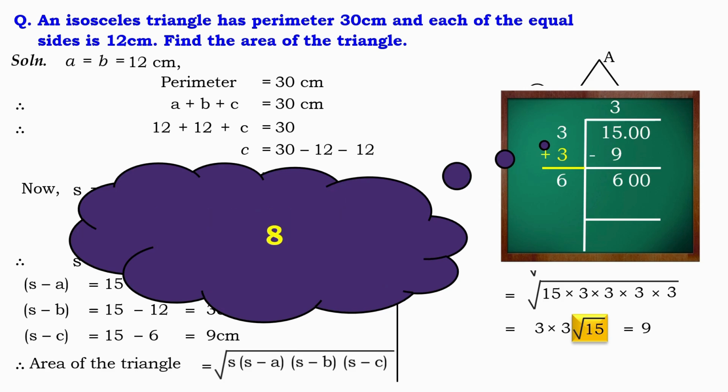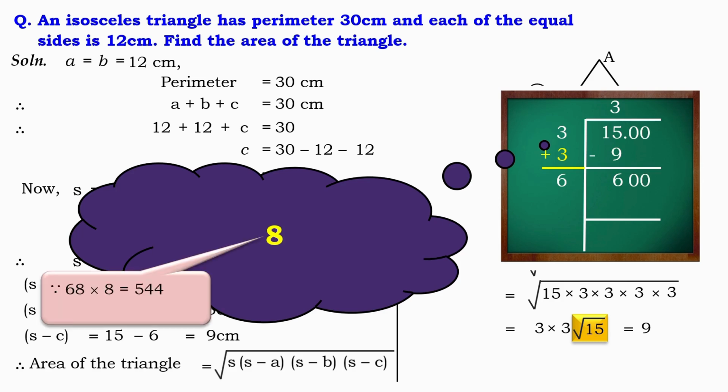If we put 8 after 6, which becomes 68, then 68 multiplied by 8 comes to 544. If you multiply 69 into 9, it will come more than 621. You can also check that. So that's why we will not take 9. We have to take 8 over here.